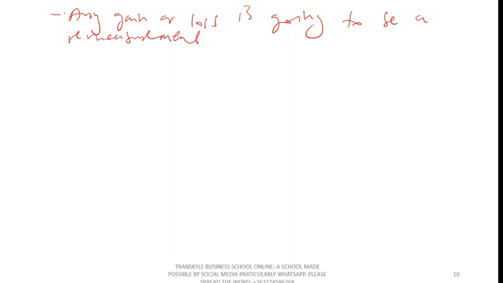Any gain or loss is going to be a remeasurement, recognized in OCI, in the other comprehensive income section of the statement of comprehensive income.